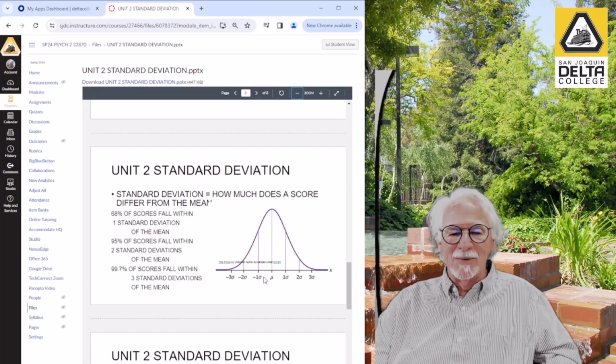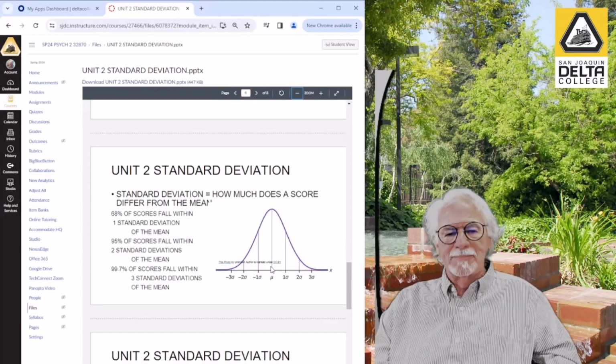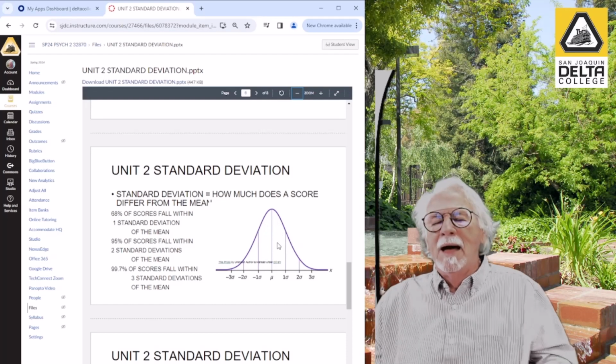So not just one, but one distant on either side from the mean, median, and mode. So in this section, 68% of the people are going to score in here.